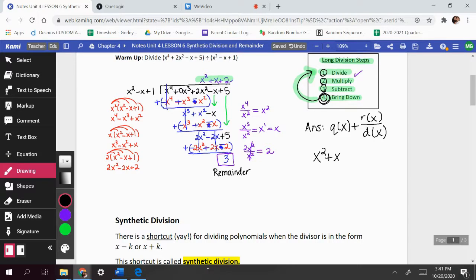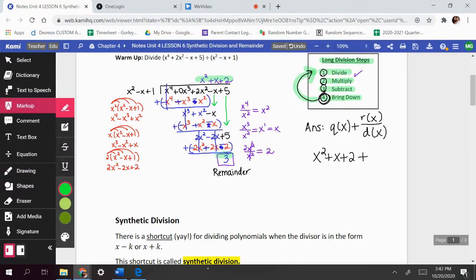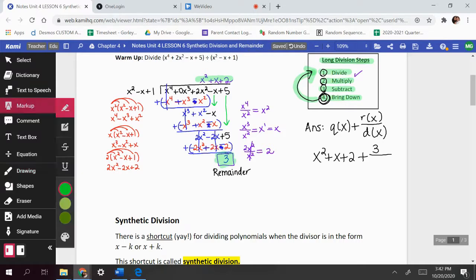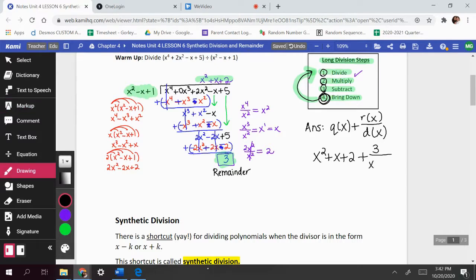X squared plus x plus 2. Plus, what was my remainder? My remainder was 3. Over the divisor, what was my divisor? X squared minus x plus 1. Okay, and there we go. That's my answer for that first problem. X squared plus x plus 2 plus 3 over the quantity x squared minus x plus 1.